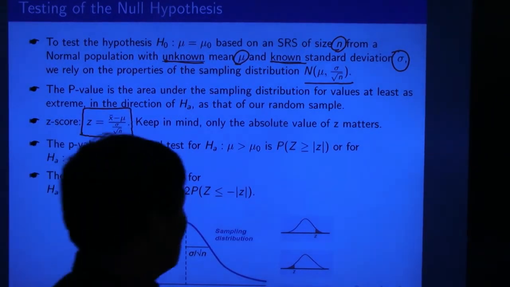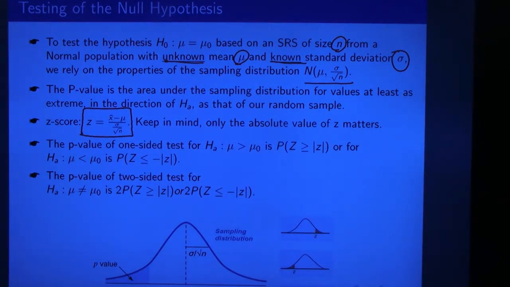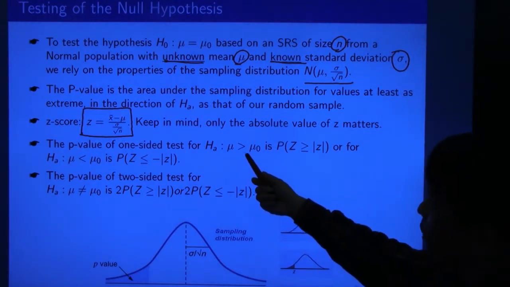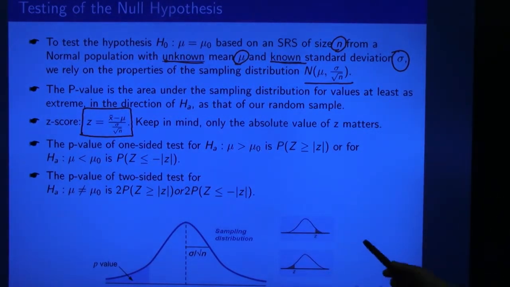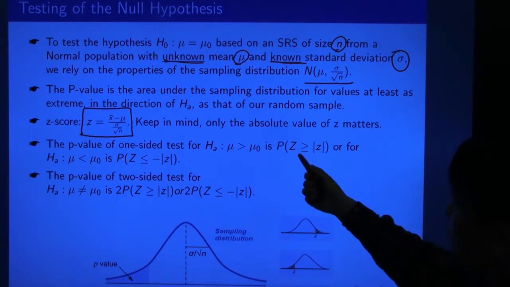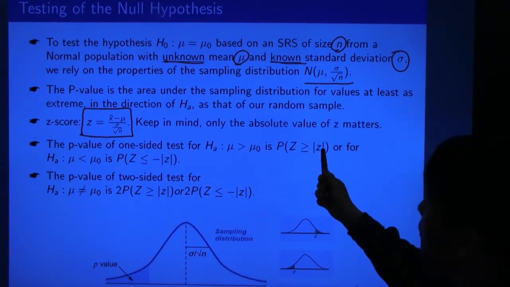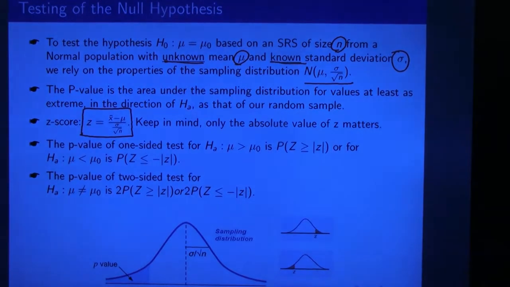Keep in mind here, only the absolute value of z matters. If you get z negative or z positive, the sign doesn't matter. Next time we are going to see why. So the p-value for a one-sided test, HA: mu is greater than mu0, is the probability that z is greater than the z value we calculate.